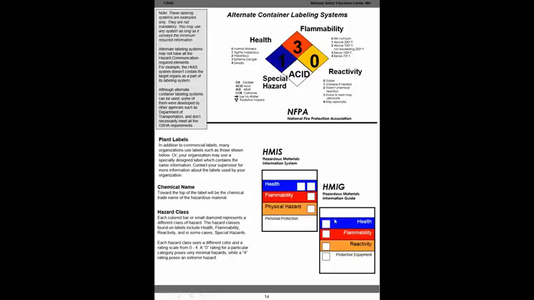This one is a little bit different, but again, it shows reactivity and protective equipment. So again, if we need certain personal protective equipment, it could be listed there. Make sure you wear safety glasses, or a respirator if it was some chemical that was extremely toxic, fumes or vapors, might be listed in there.